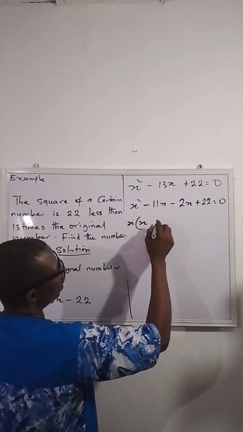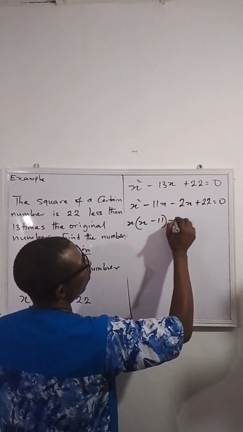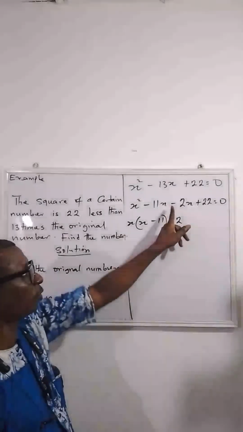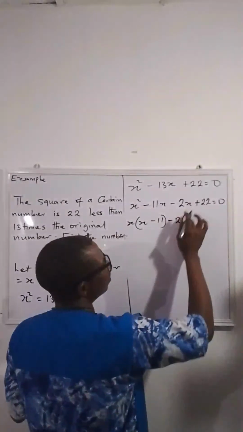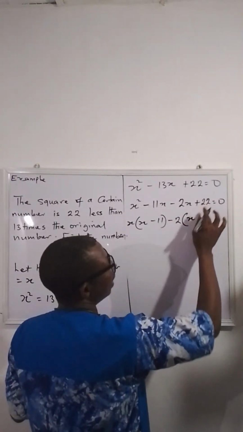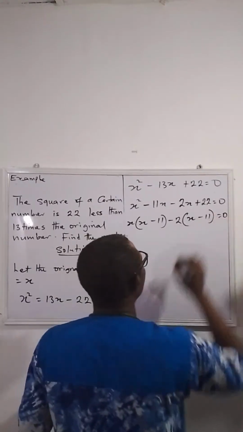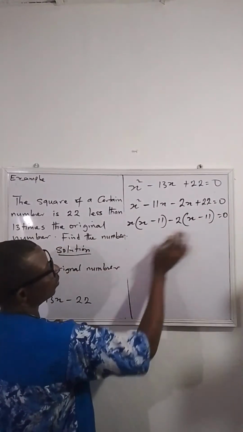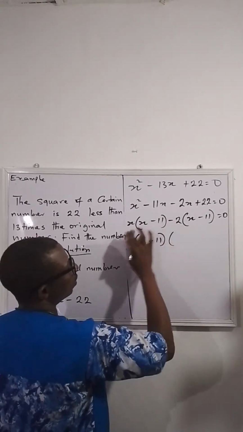Divide minus 11x, that gives you minus 11. So what's the common factor? Minus 2. Don't forget, I told you, always pick the sign there. So when you divide minus 2x by minus 2, you have x. Divide 22 by minus 2, you have minus 11 equals 0. All right, so what is common? You have x minus 11 is common, so you are left with what?